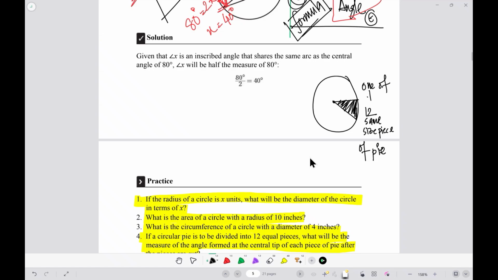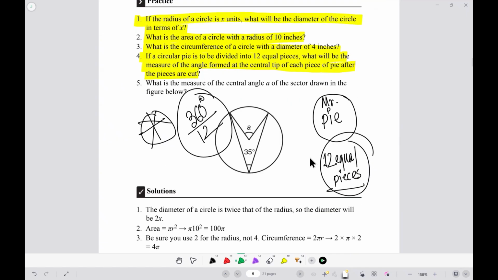So what is the angle here? I'm mentioning this green shaded angle here. So what you need to do is divide 360 degrees by 12. Am I correct? Yeah. Okay, that is it.